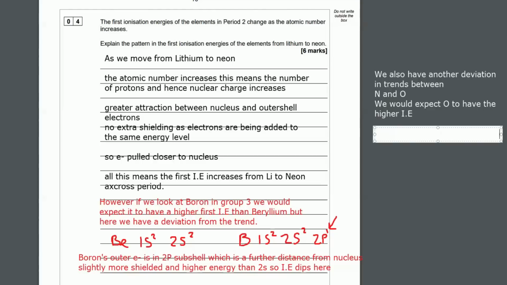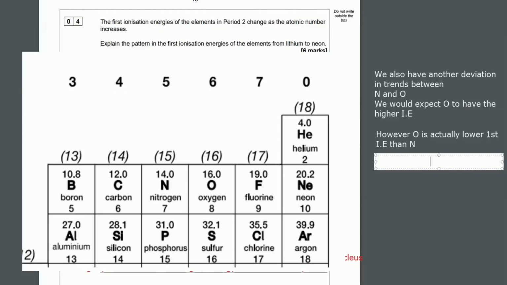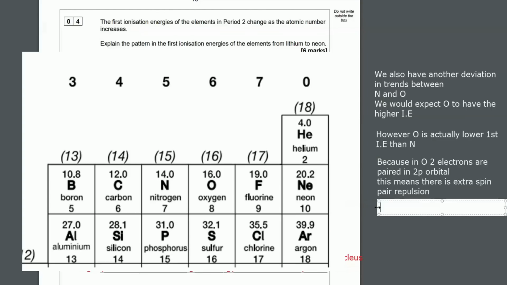We would expect, once again, for all the same reasons we thought boron would have a higher first ionization energy than beryllium, we'd expect oxygen to have a higher first ionization energy. Why? Oxygen has 8 protons compared to nitrogen's 7, so we would expect the greater nuclear charge to pull those electrons closer in, stronger attraction between the outer electrons and the nucleus, so we should think that oxygen would have the higher first ionization energy.